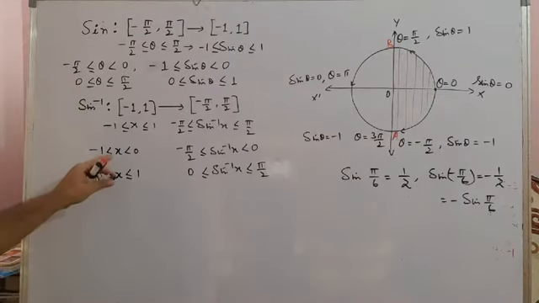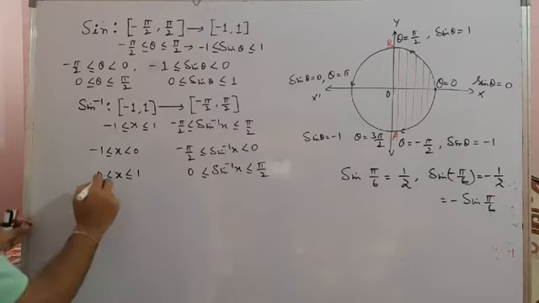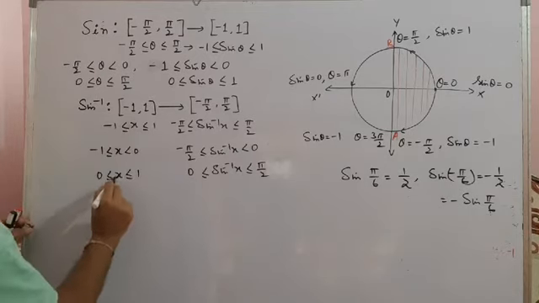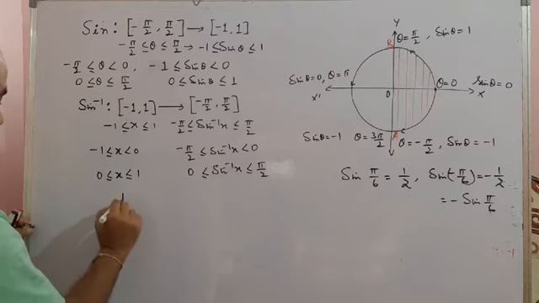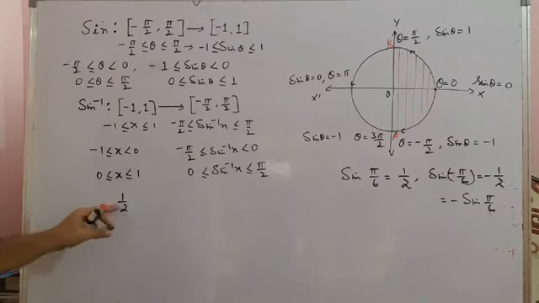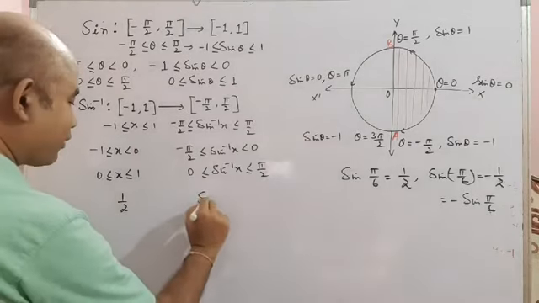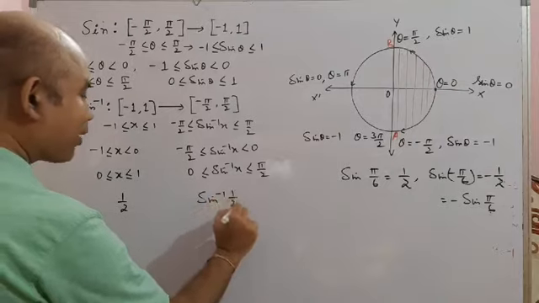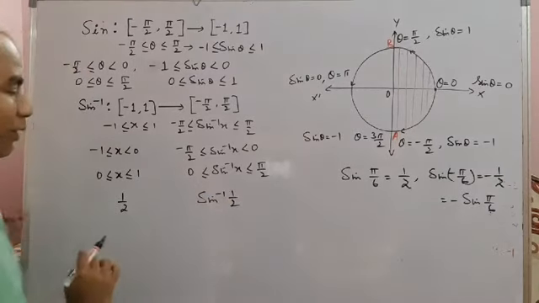So now let us take an x here between 0 and 1. Suppose I take x is equal to say 1 by 2. 1 by 2 is a number between 0 and 1. Then what will be sin inverse of 1 by 2? Sin inverse of 1 by 2 will be an angle between 0 and pi by 2.